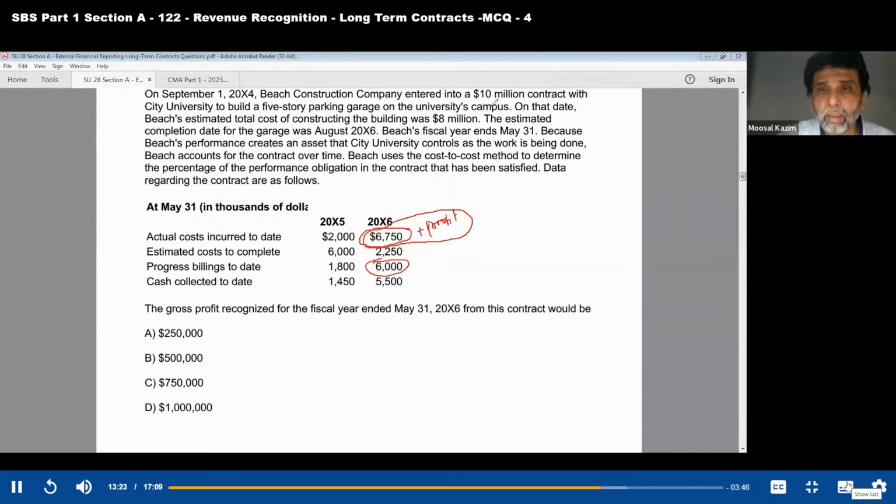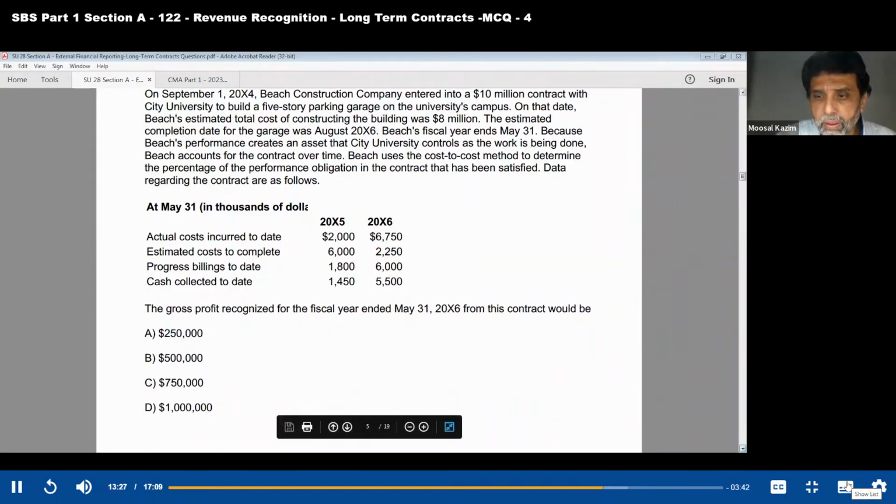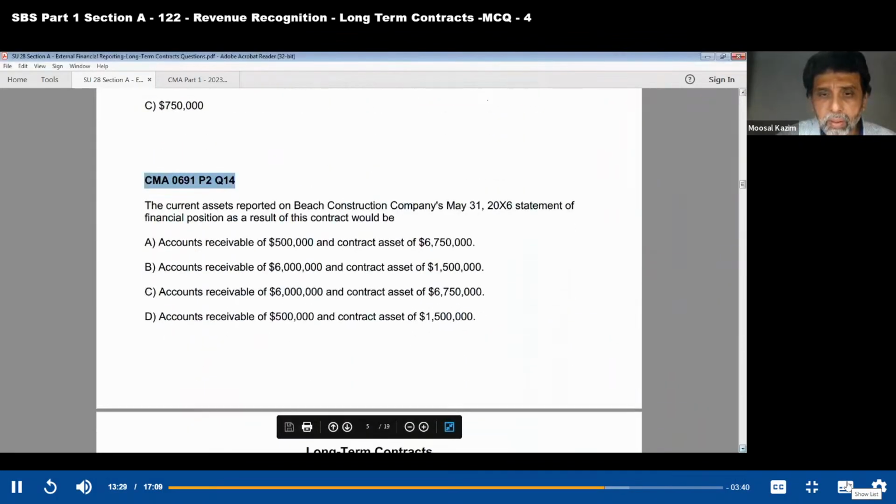Okay, so here in the choices, if you notice, one of the choices which we didn't eliminate, we had, if you remember, eliminated these two. So one of the choices is 6,750.